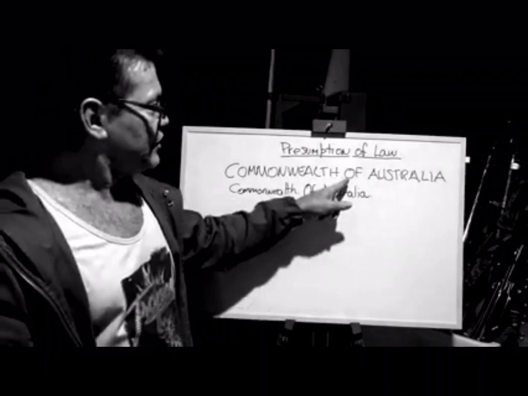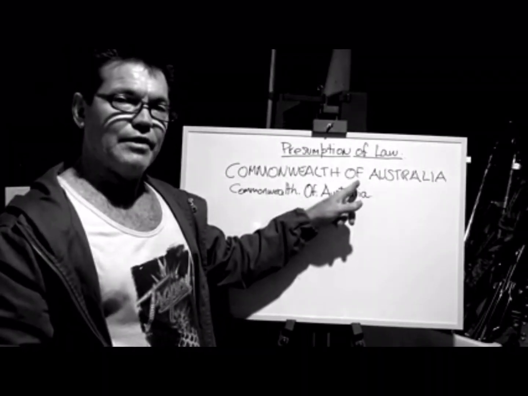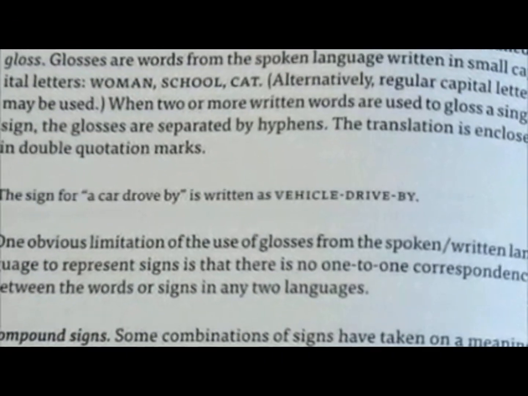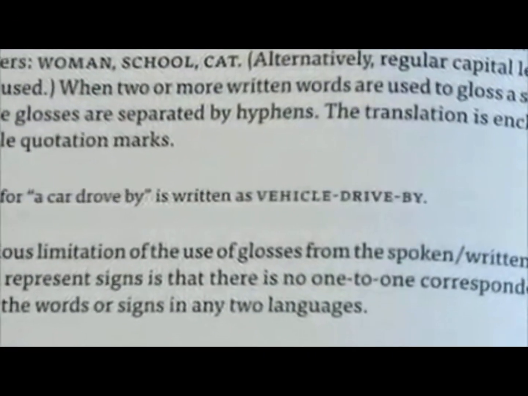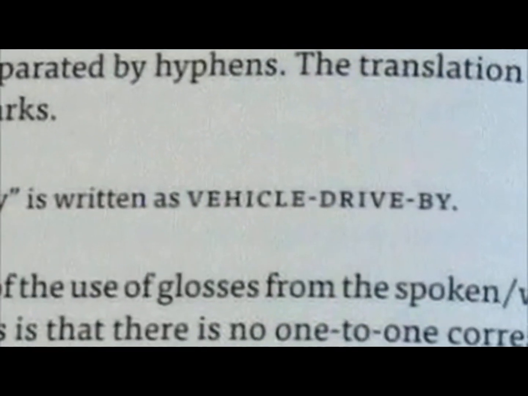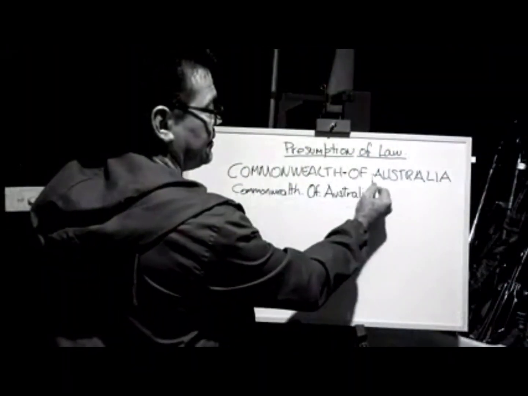Now, in order to bring this type of text factually and make it read Commonwealth of Australia, according to Article 11.147 of the Chicago Manual of Styles that deals in ASL or American Sign Language, we have to hyphenate.